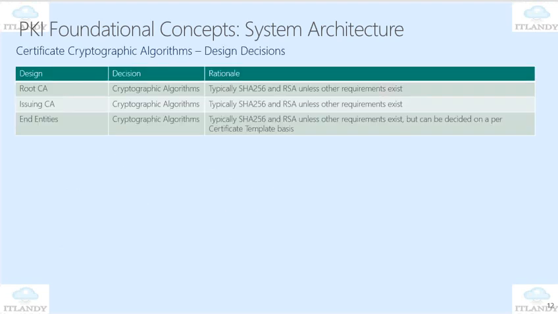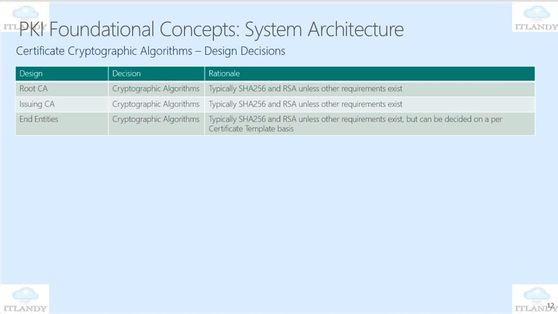Again, similar to the previous ones, a table. We need to decide about the cryptographic algorithm. Root CA: typically SHA-256 and RSA unless a requirement exists. Issuing CA: again, similar to the previous one, typically SHA-256 and RSA unless there is another requirement.